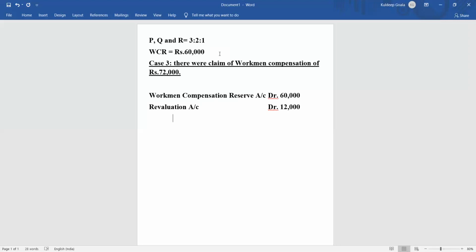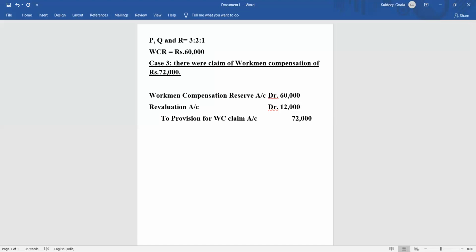From there it will go to provision for workmen compensation claim account. What is the workmen compensation claim account? 72,000, right? It is 72,000. Clear, everyone?